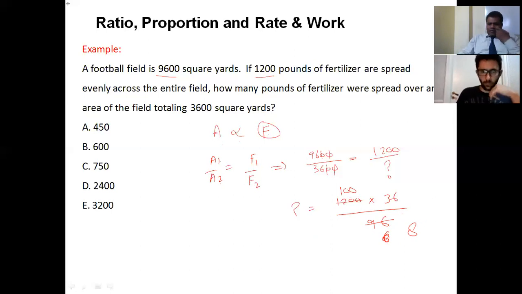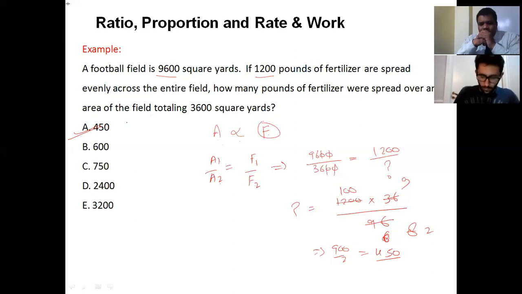Okay, cut by 4. So this is 900 divided by 2. So the correct answer is 450. Further, is that clear? Or is there some doubt in this?